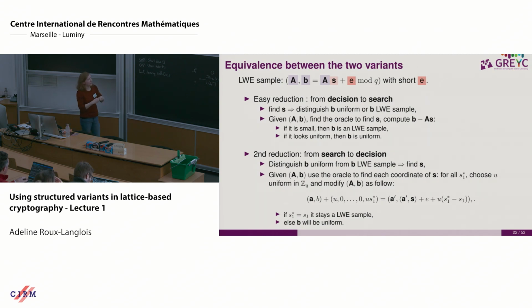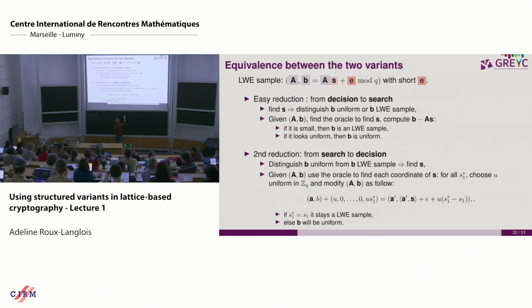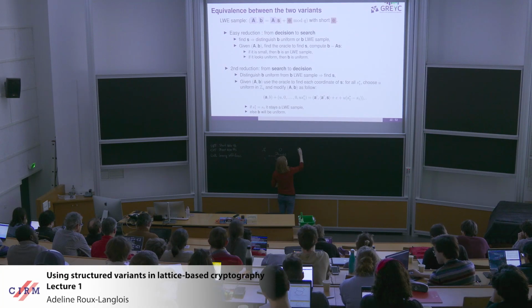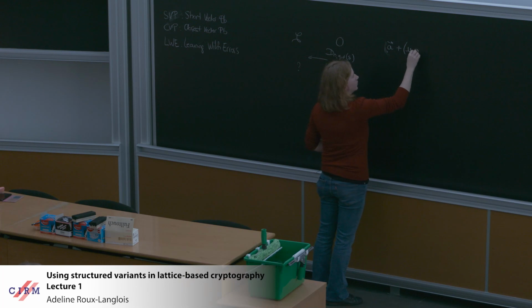So I guess S1 should be S star 1. If it's true, I will have an LWE sample. If it's false, B will be uniform. Why? Because this sample, A, B plus this vector, I can rewrite it as A prime, so A prime will be A plus U.